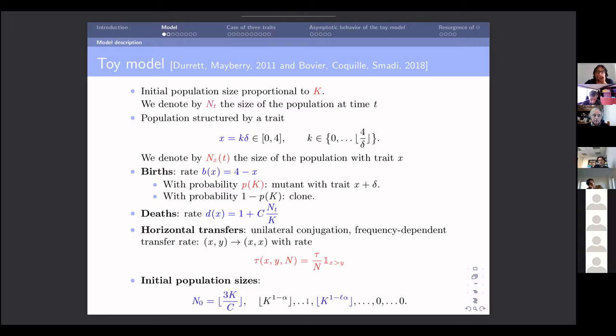So this suggests taking this as initial condition. At some point 1 minus L alpha becomes negative, and then the integer part is going to be 0, which is written here, if you take L large enough.